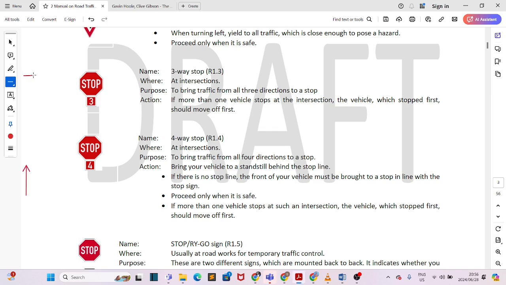If a road, for example, is a three-way road like that. I said three-way road, not three-way stop, three-way road. So meaning there are cars coming from this direction, and cars coming from that direction, and maybe cars coming from that direction. So in all three ways there are cars.